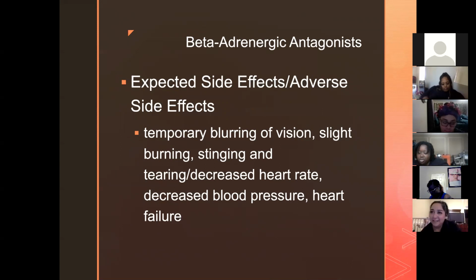So remember when we talked about those drugs yesterday, when we're administering medications that we know can go systemic, we want to put pressure right there by that nasolacrimal duct to try and keep most of that from going systemic. All right, because if it goes systemic, then you can have a decreased heart rate, decreased blood pressure, and heart failure. Okay, so that's from the LOLs.